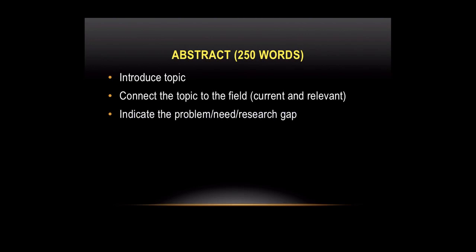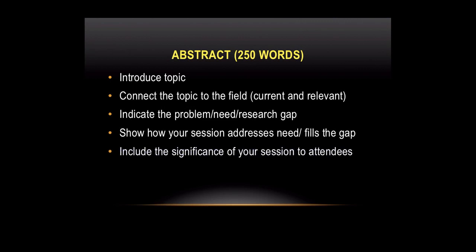Indicate either a problem that needs to be solved, a need that needs to be filled, or a research gap. Then show how your presentation addresses this need, fills the gap, or solves the problem. And then include the significance of your session to the attendees. What are they going to gain by attending your session?